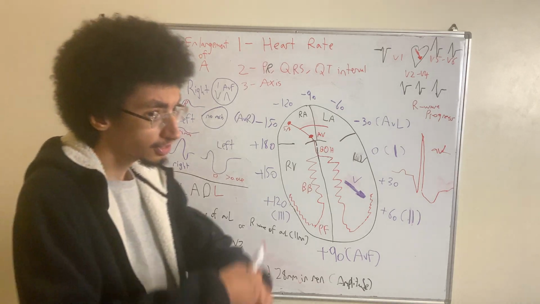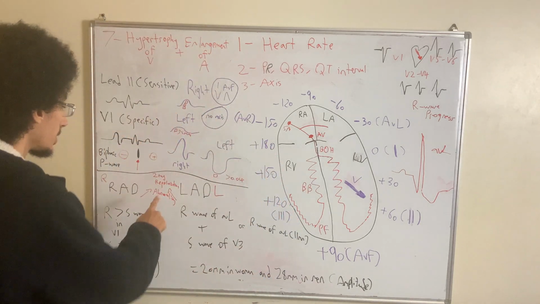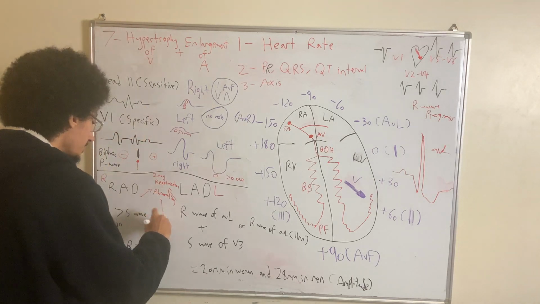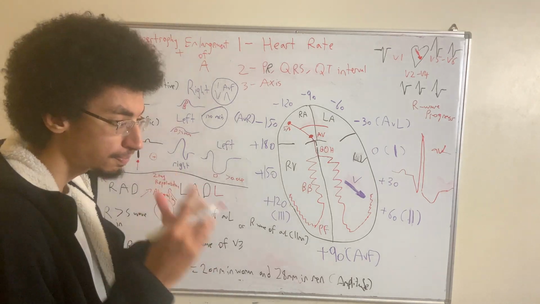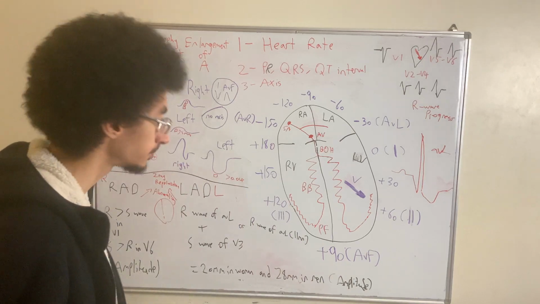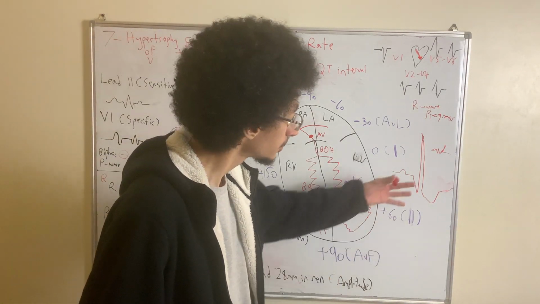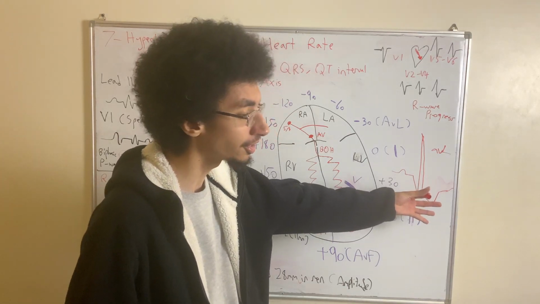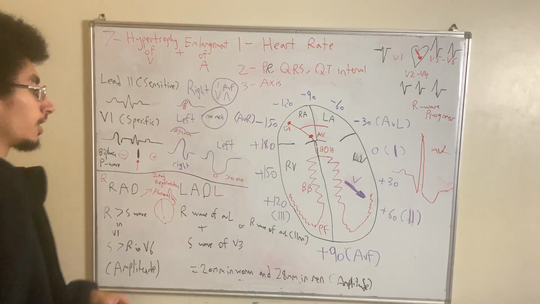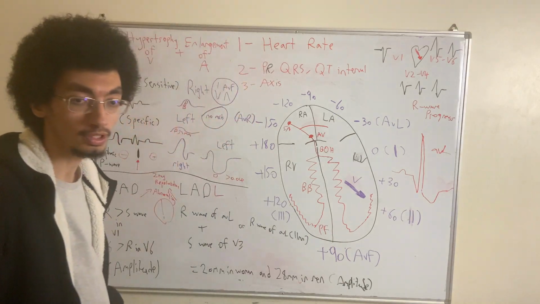So that's the final key criteria. This is not optional. This is necessary to confirm hypertrophy. So all in all, this is the reason we have this criteria, because of the hypertrophy. It caused abnormality in the repolarization.